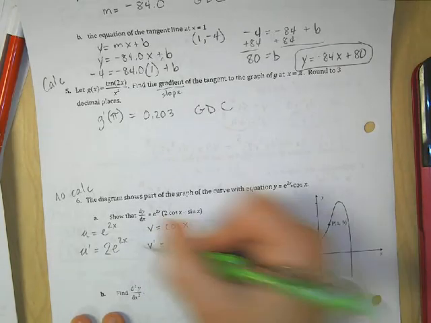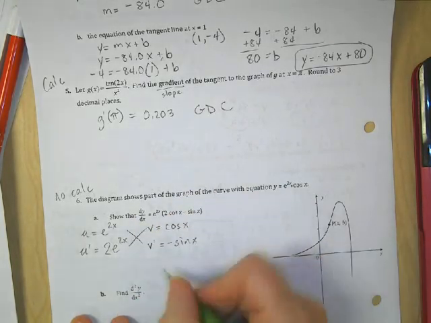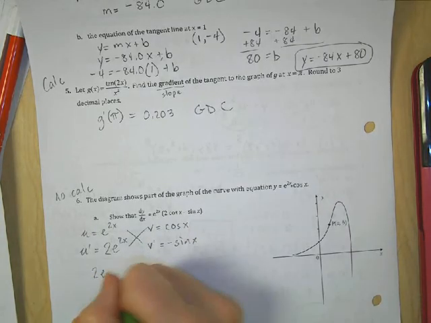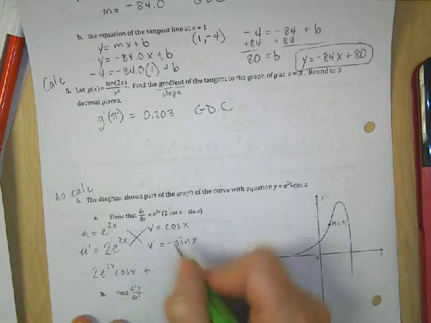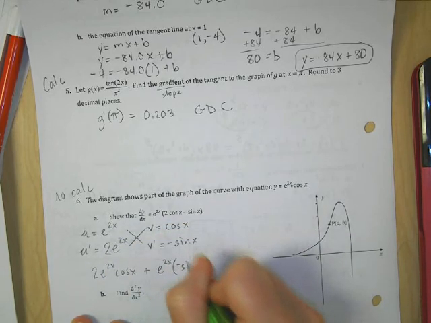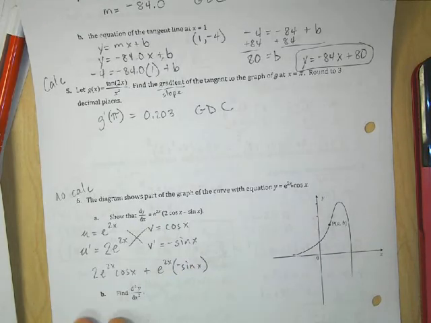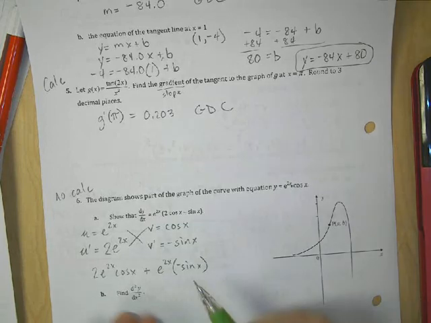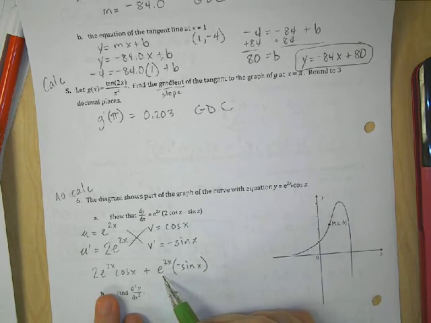Now we're going to crisscross applesauce. So I'm going to have 2 e to the 2x times cosine x plus e to the 2x times negative sine of x. I can move that negative sign to the front. I can also factor out the e to the 2x, but it's not, oh yeah, it is required in order to get that.